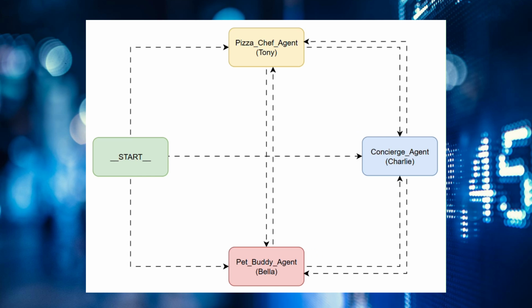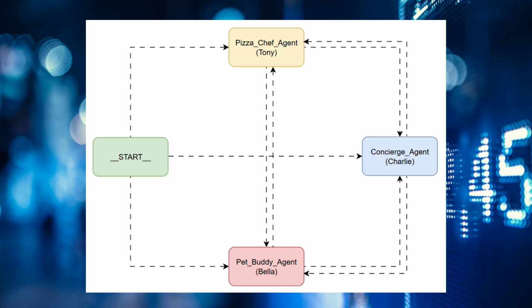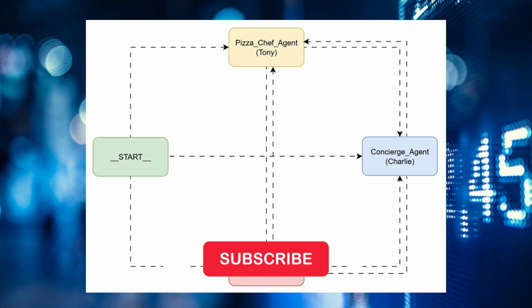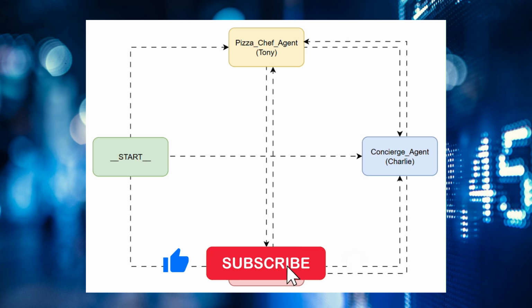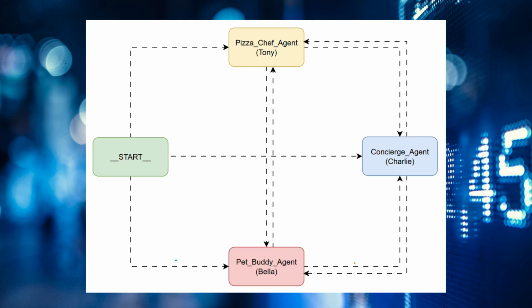Bella, the pet buddy agent, manages pet adoption and introduces users to our adorable animals. Charlie, the concierge agent, takes care of everything else, whether math, jokes, or general questions. At the top left, we have the start node, which initializes the swarm. From there, users' messages are routed dynamically to whichever agent is best suited.